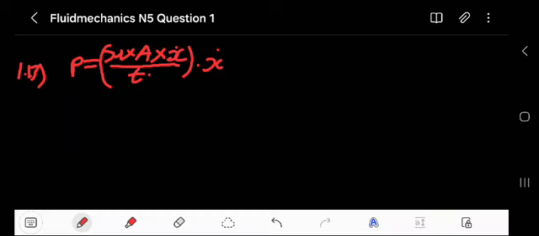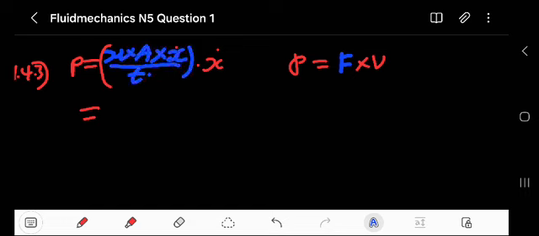So, guys, remember, power is force multiplied by velocity. Force is given by this under this topic, and the velocity is given by this under this topic. Now the coefficient of viscosity is 0.02.